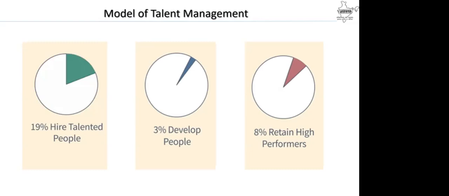If we were to transpose these numbers to customer management, and only 19% tried to ensure that the customer is treated right, or only 3% tried to engage with customers, or 8% said that they try to retain customers, that would be a total disaster for the business.